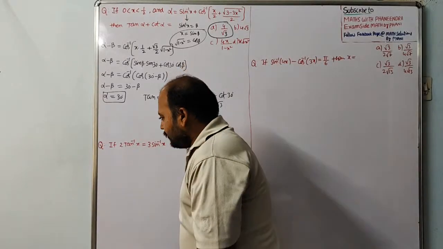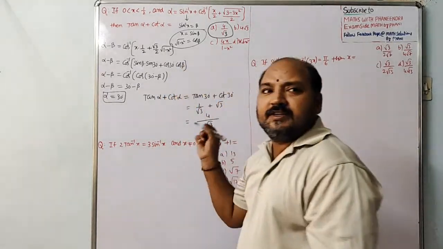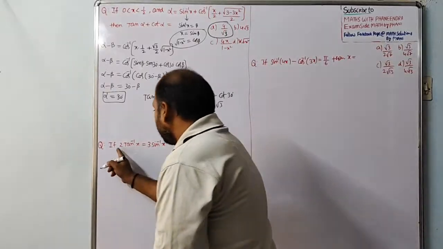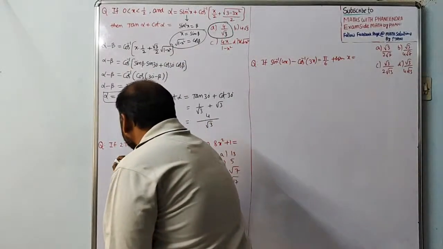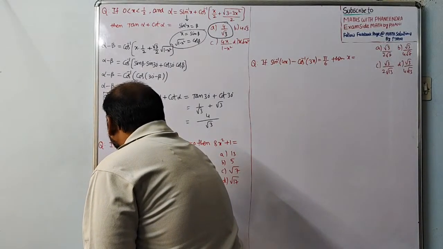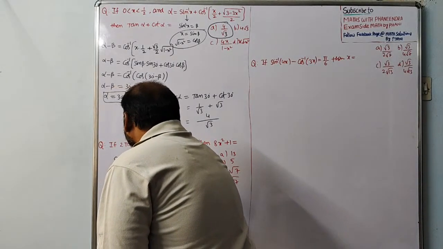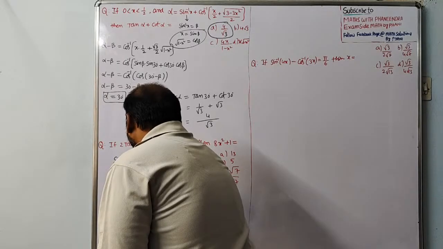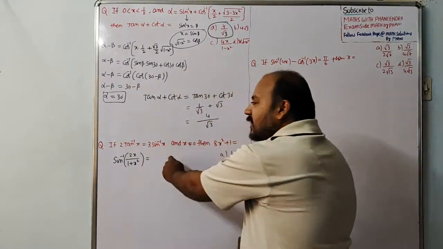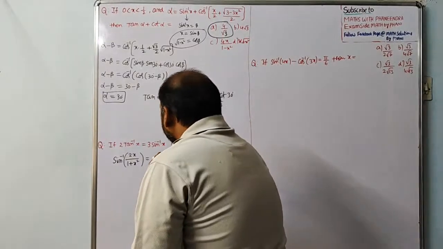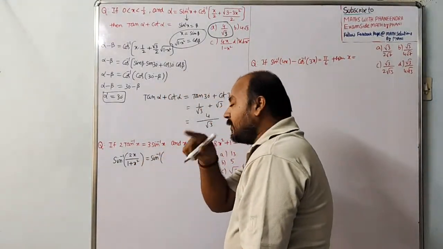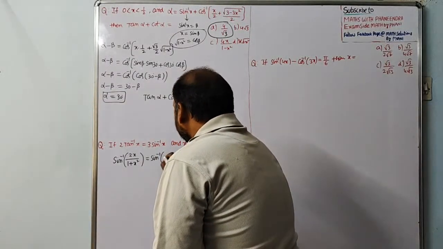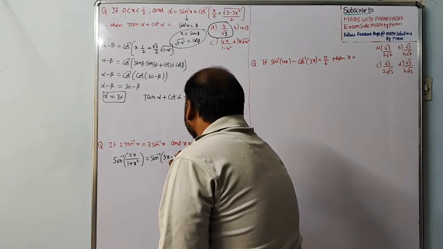Here in this question, 2 tan inverse x equals 3 sin inverse x. So 2 tan inverse we need to convert in terms of sin. So sin inverse of 2x by 1 plus x square is equal to 3 sin inverse x, in terms of the sin formula, sin inverse of, as we discussed in yesterday's exam side mathematics class, 3x minus 4x cube.